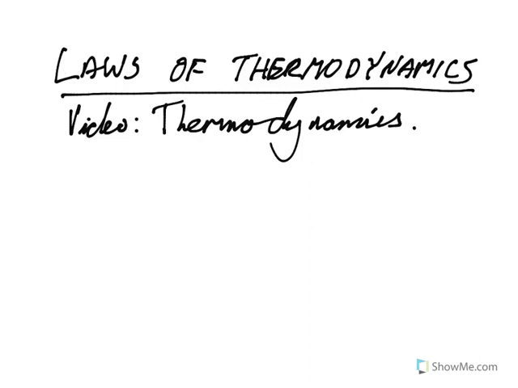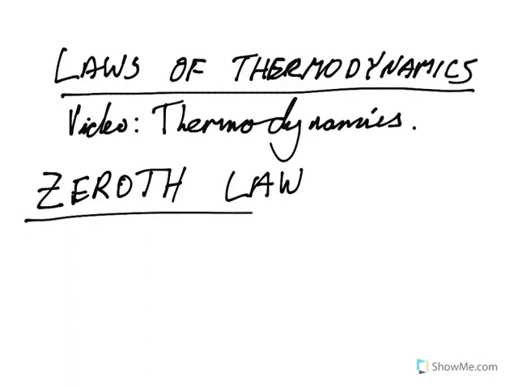Alright, so there's some laws, and there's actually 4 laws, but they're not called laws 1, 2, 3 and 4. That's a little bit of an anomaly. So the first one that's important is called the zeroth law. So, common question you get there is, why isn't it called the first?